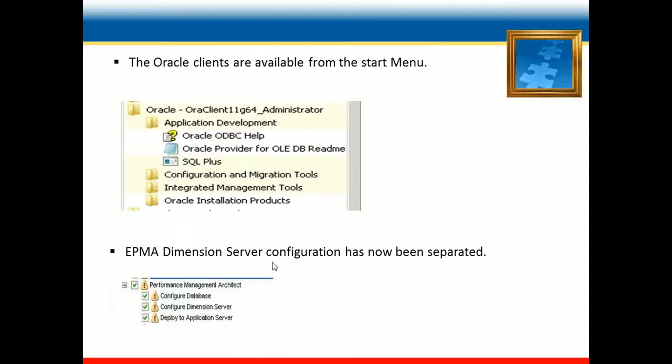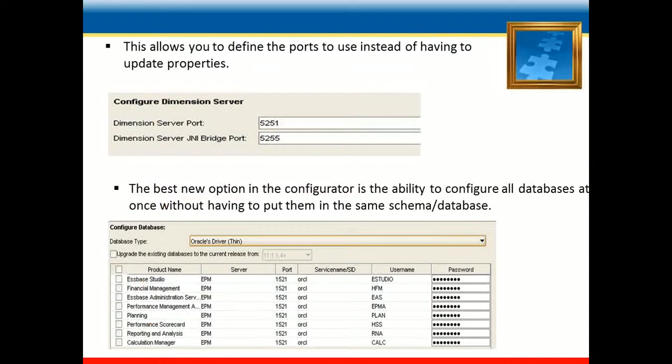And now the EPMA dimension server configuration has been separated. We can see in a screen with EPM 11.1.2.3: configure databases, configure dimension server, deploy to application server. The configuration has now been separated, and this allows you to define the port to use instead of having to update the properties.